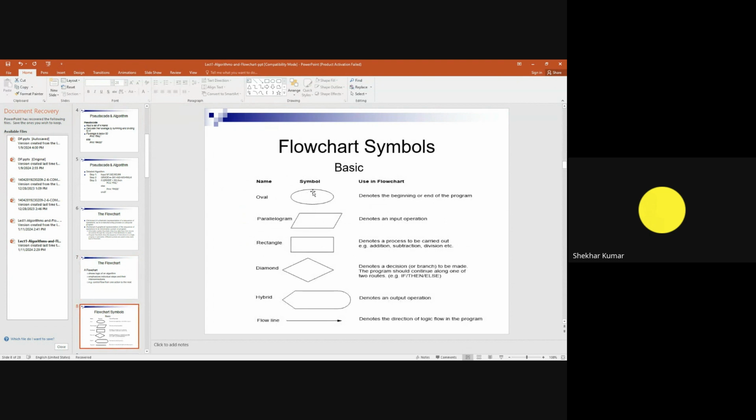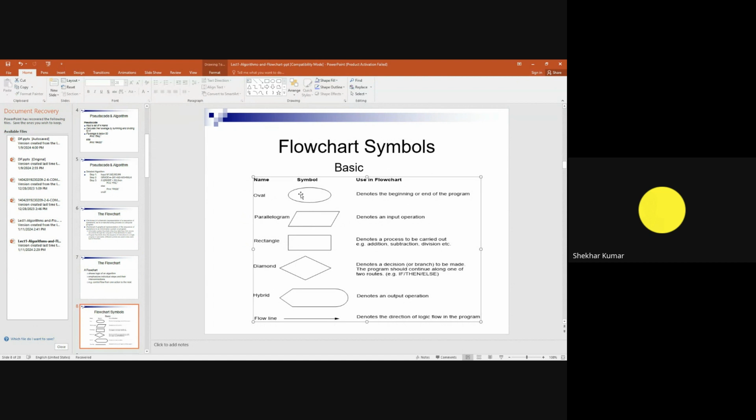The first symbol is the oval shape symbol. This oval shape symbol describes the beginning or end of the program. This symbol is also named the terminal because it denotes the beginning or the end of the program.